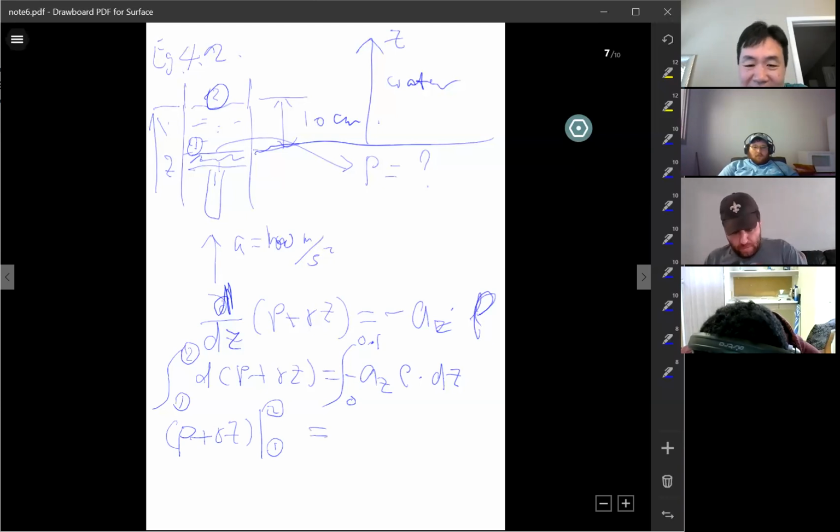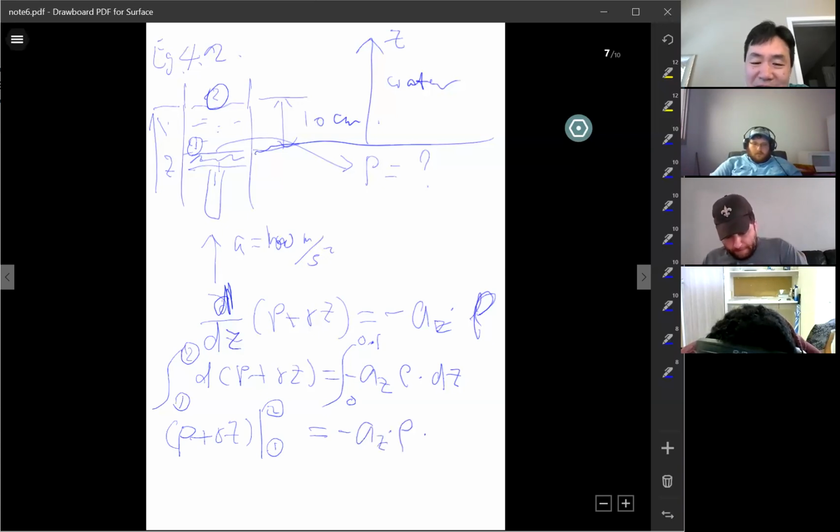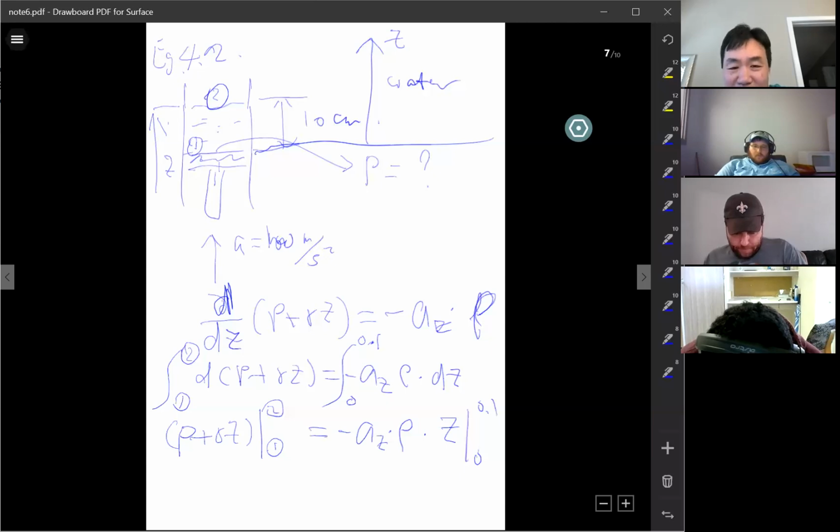Right-hand side, a_z and rho are both constants. You can move them out. These are constants. It becomes 1 dz, basically is z, from 0 to 0.1. Same order, be consistent. In the right-hand side, it's from 0, bottom, to the top. In the left-hand side, also from the bottom, section 1, to the top, section 2, okay?